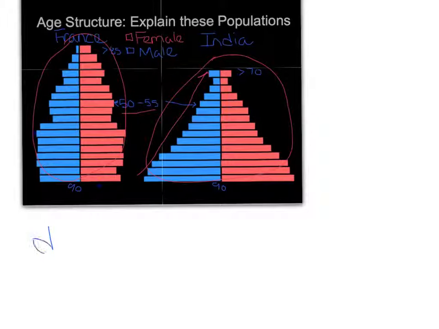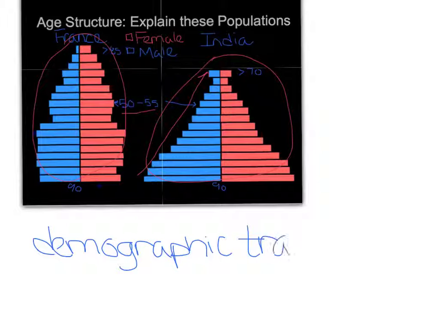So, demographic transition. This is another vocabulary word that I would suggest that you take down. This has to do with explaining different reasons for populations like India or France.